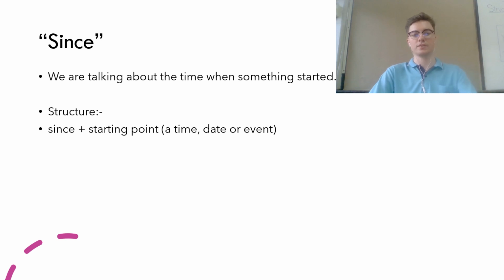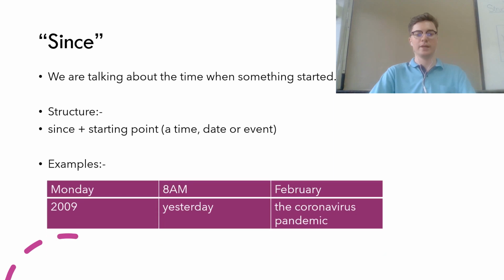So I've got since, and then the starting point of when I started to live in Thailand. Other examples you could have are Monday, 2009, 8 a.m., yesterday, February, even an event like the coronavirus pandemic or World War II. Okay?